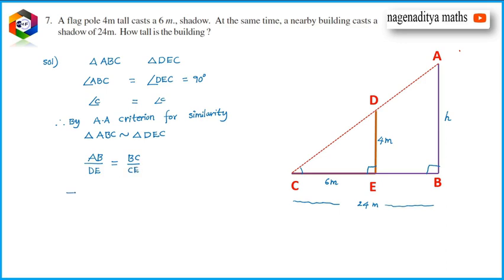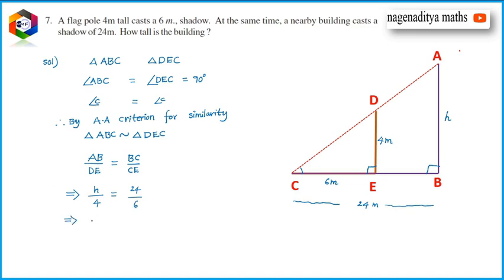Now substitute the values. What is the value of AB? Let it be H. So H by DE, that is 4, is equal to the value of BC, which is 24, by the value of CE, which is 6.